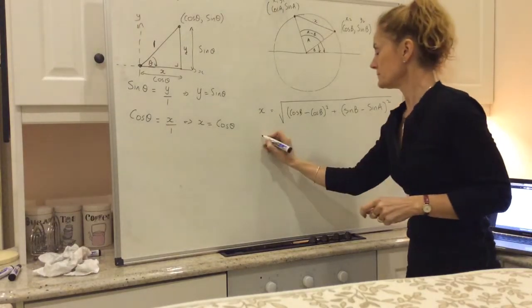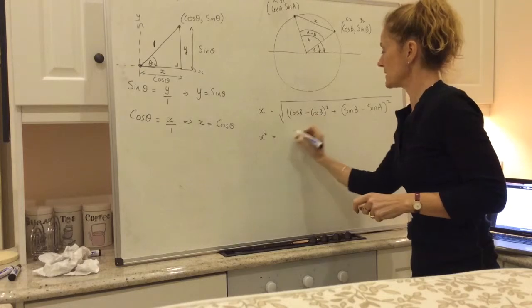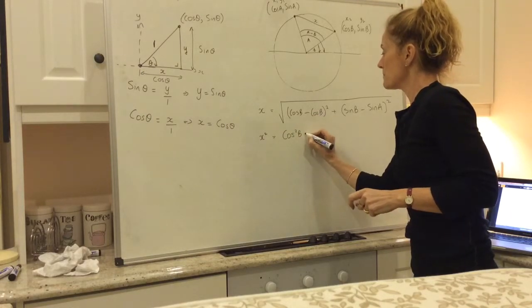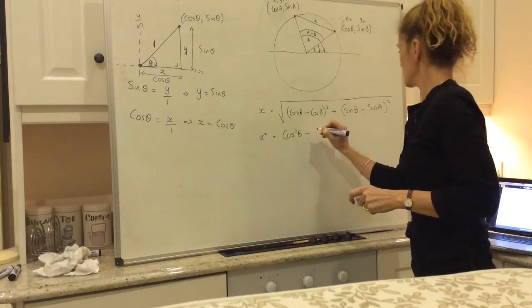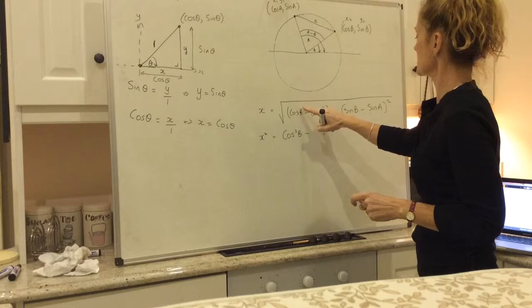So x squared is equal to, if I multiply these out, cosine squared B minus, oops, hang on a second. Oh yeah, sorry, one of these should be an A. Apologies, that's A here.